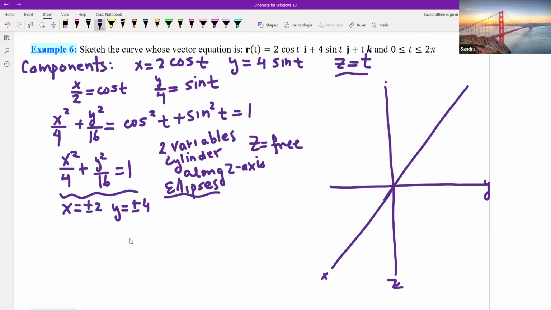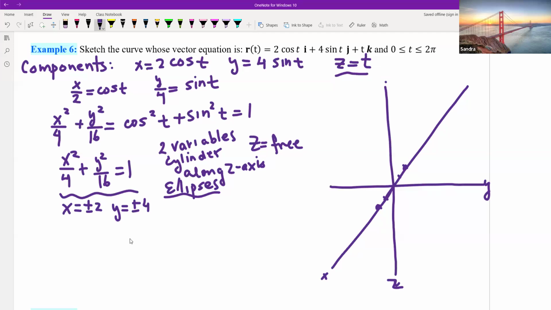So this will give me x is, well, let me go ahead and draw the first one, first of all, before I do some of those ordered pairs. Okay, so x is 2 and negative 2. And then I have some points in here.